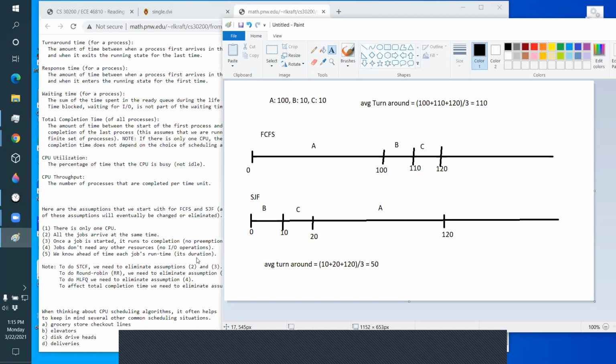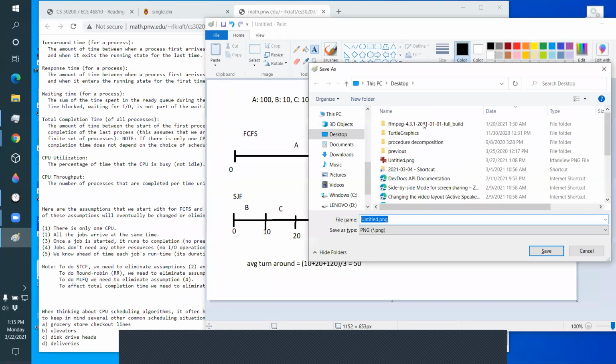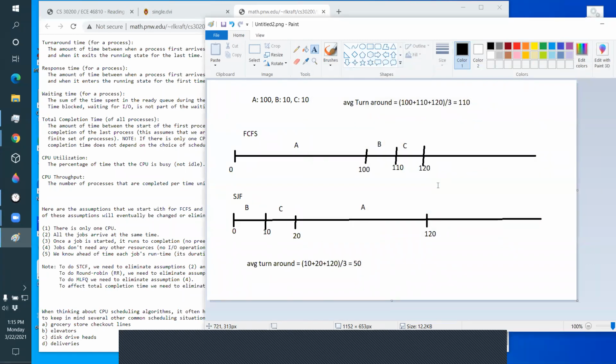Okay, so now here's a problem though. Let's change this a little bit. Now let's relax an assumption. Instead of having all the jobs arrive at the same time, let's suppose the jobs arrive at different times.